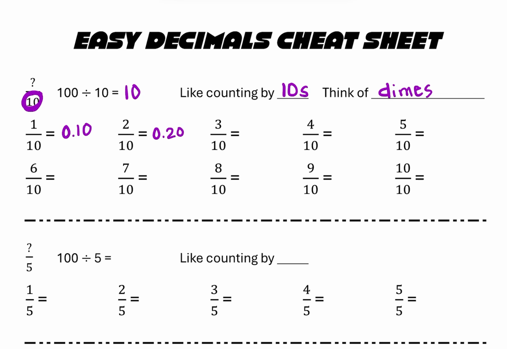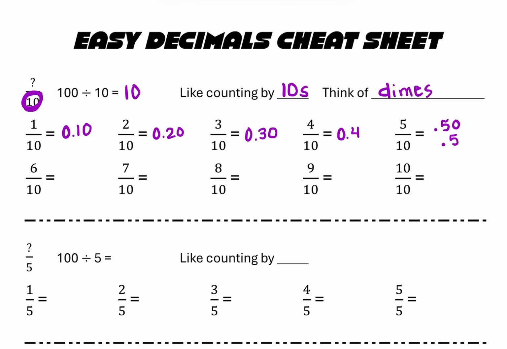3/10 would be 3 dimes, 0.30. Or remember, any of these could be written like 0.4 instead of 0.40. That's just an invisible zero, okay? So 5/10 would be like 50, so 0.50 or 0.5. Those are both the same thing, and you also don't have to have that zero in the front.